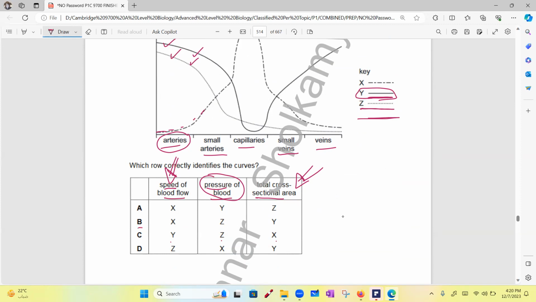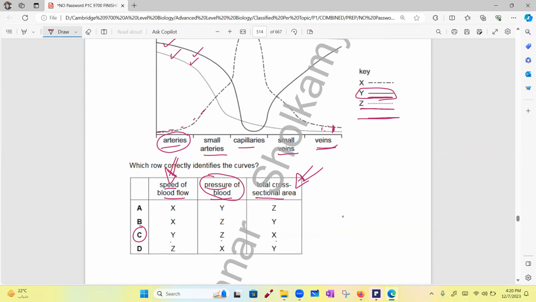Yes. If I only look at the arteries, and if I look at another blood vessel, for example, which blood vessel has the lowest pressure? The veins. The veins, excellent. So if we look at the veins, you have 2 graphs here. The dotted one is Z. The Z should be very low.